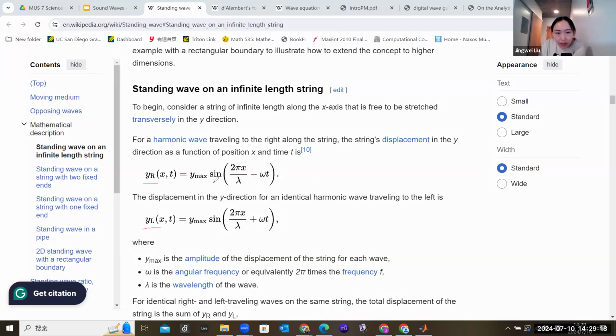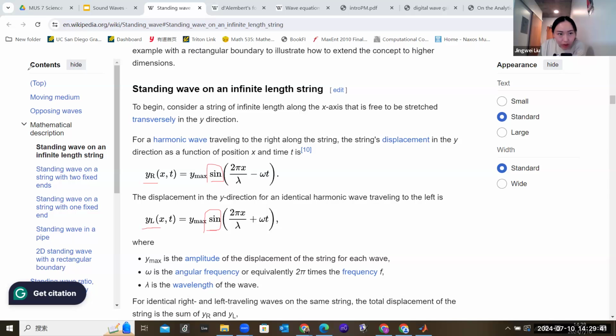They are of sinusoidal form. So we use sine. We can also use cosine, but they are basically the same. The only difference is a pi over 4 phase term. So we choose to use sine here.